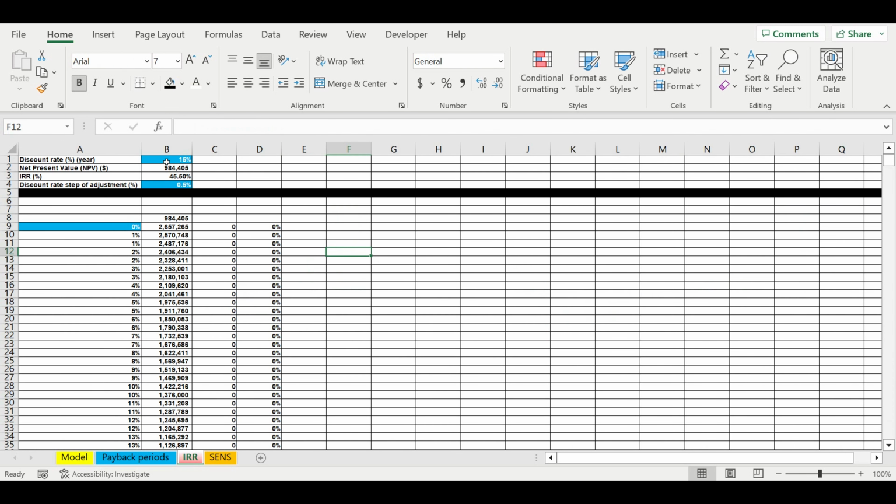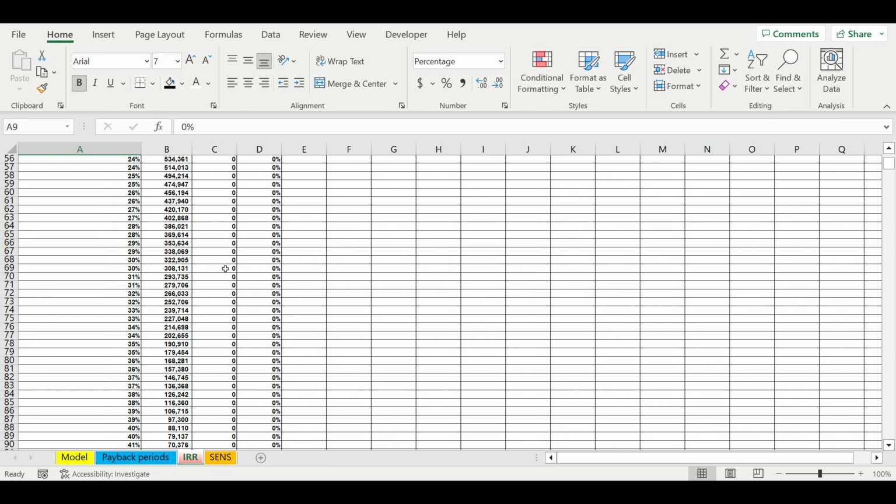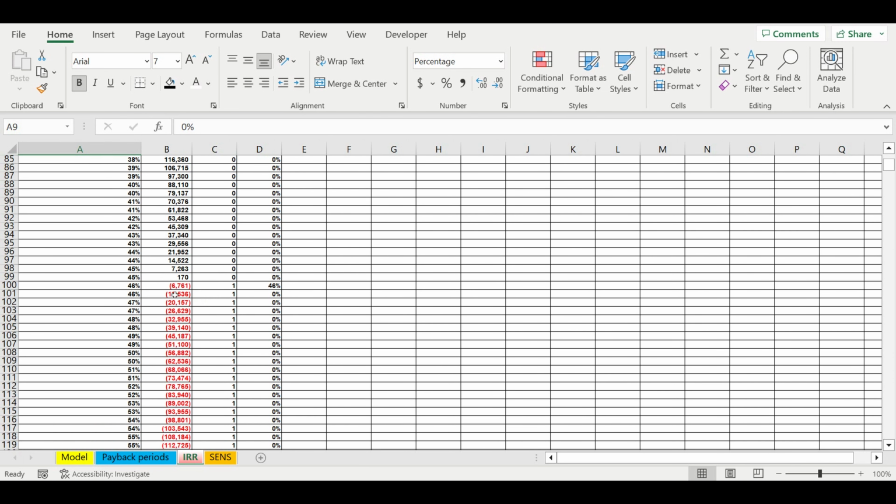Here you can specify the level of discount rate. Here you specify the step of changing the discount rate to calculate the internal rate of return more accurately. This is the starting percentage of discount rate that you would like to start with. If we look here, so for example, 46% rate will be the internal rate of return of our business idea.